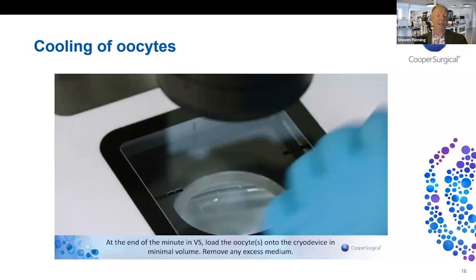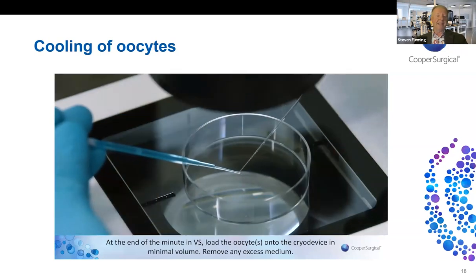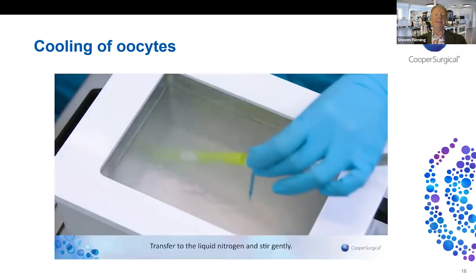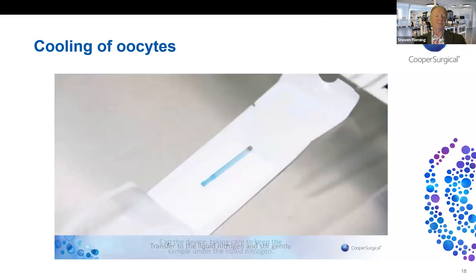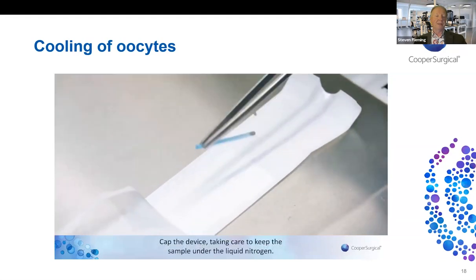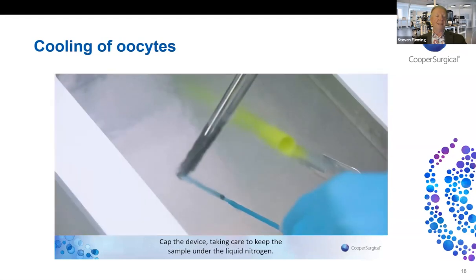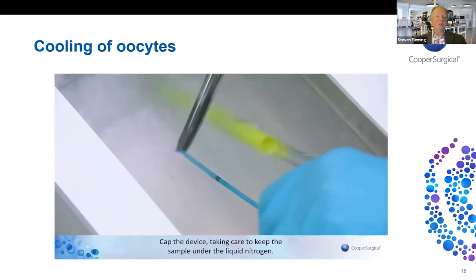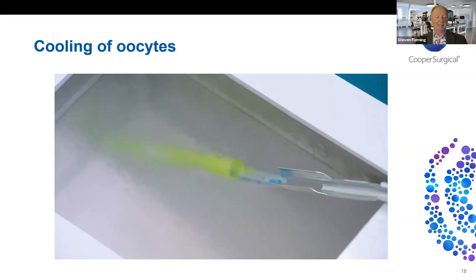You can now get your carrier ready. And at the end of that second 30-second period, you can load your oocytes onto the carrier and immediately into liquid nitrogen. And then make sure you fill the cap with liquid nitrogen, and then the black mark helps you find the way into the cap, and then a slight clockwise twist tightens the cap, and that's done.